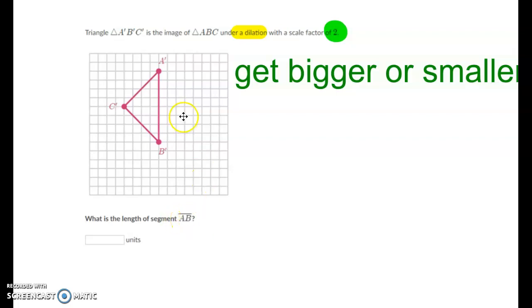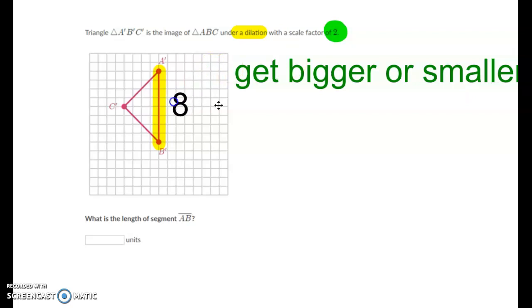Now that's interesting in here because in this one they gave us the second image, not the first one. Notice how this is A prime, not A. So we don't know what the original image looked like, but we got twice as big. So the original image was smaller and we got twice as big. And they're asking us, well, what did the original AB look like? Not A prime, B prime.